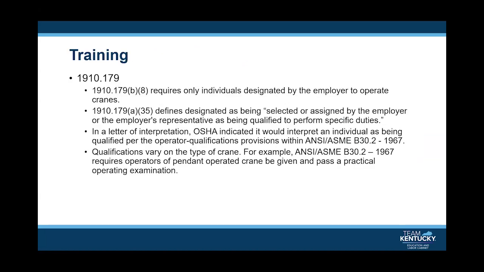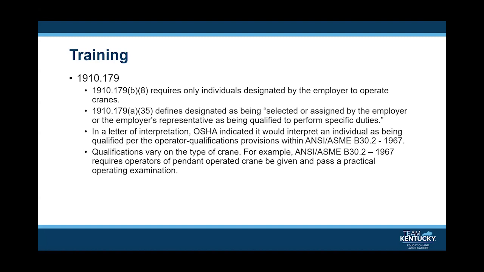When it comes to training, 1910.179 doesn't give any specifics. 1910.179(b)(8) requires only individuals designated by the employer to operate cranes. 1910.179(a)(35) defines designated as being selected or assigned by the employer or the employer's representative as being qualified to perform specific duties.